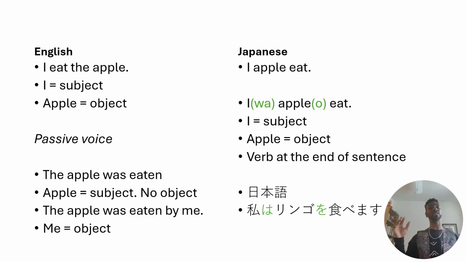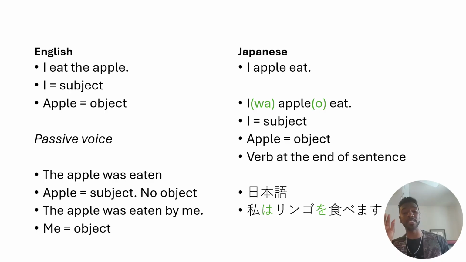Because in Japanese, actually, it's not really SOV. The subject and object can go anywhere as long as the verb is at the end. Wa is a subject marker. Watashi means I. Watashi wa apple eat. So it's not just I apple eat. You have to say wa because you're indicating now this watashi is the subject of the sentence.